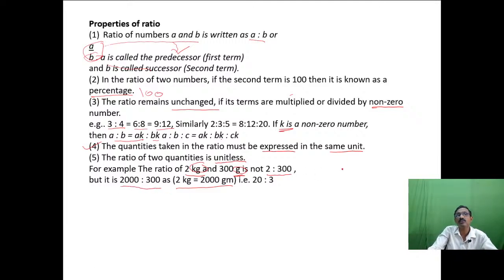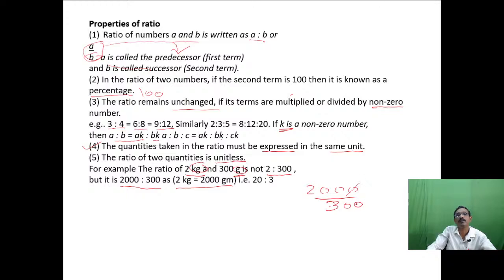And how this will come to me, if you see here, I have got 2000 upon, I have got the ratio as 300, right?